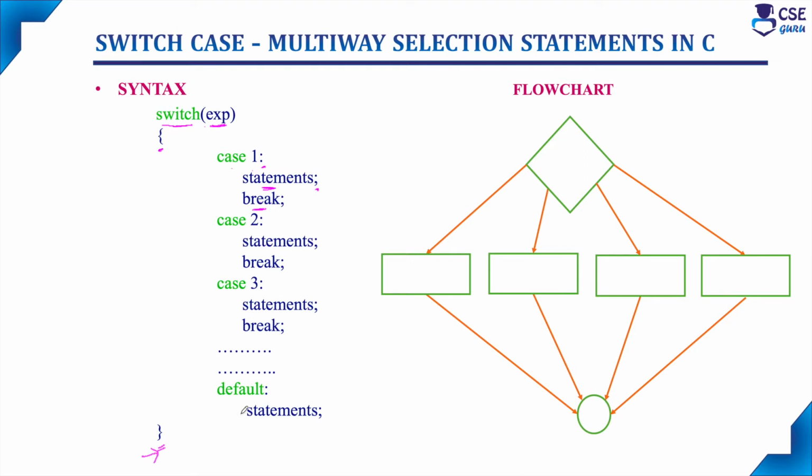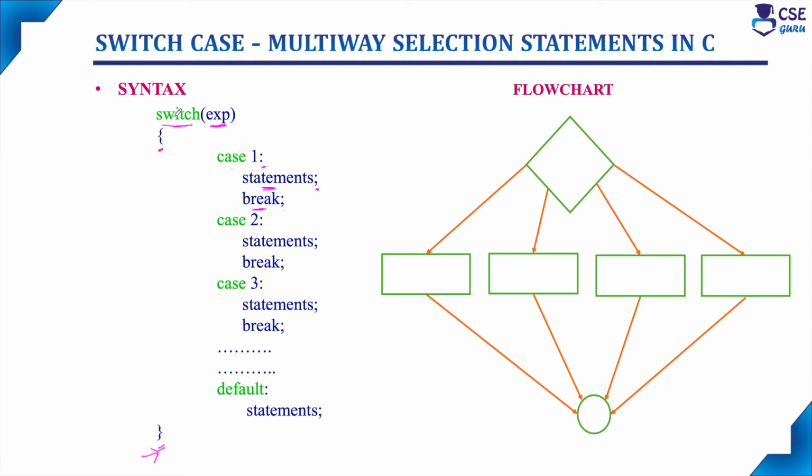That is the purpose of the switch statement. So here: case 1 colon, any number of statements, each ending with a semicolon, and at the end of the case, break, which also ends with a semicolon.